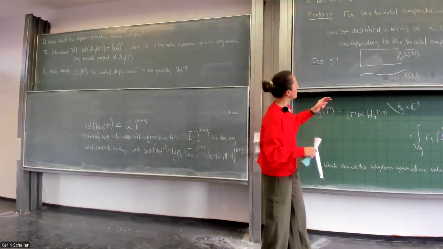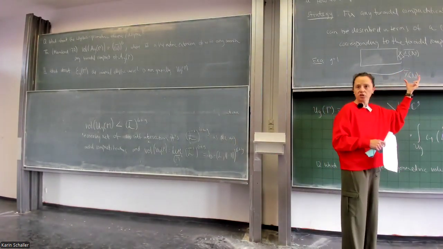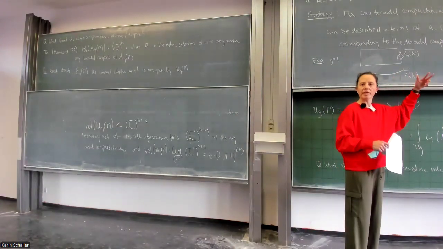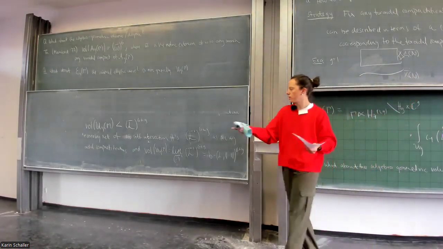So we want to give a combinatorial interpretation of the correction term. If we have the correction term and we know the intersection at one compactification, then we can also compute the volume.